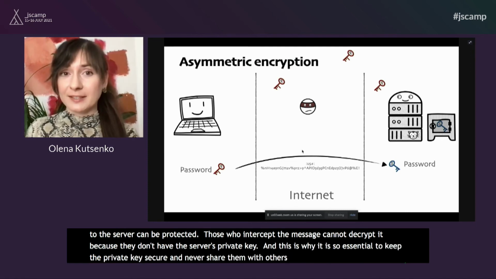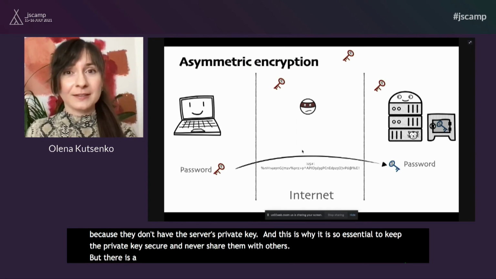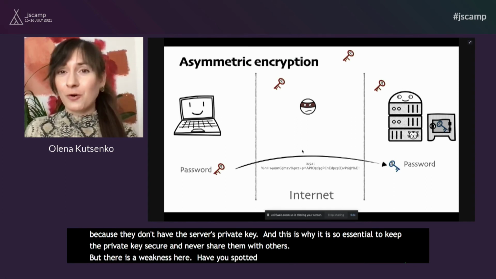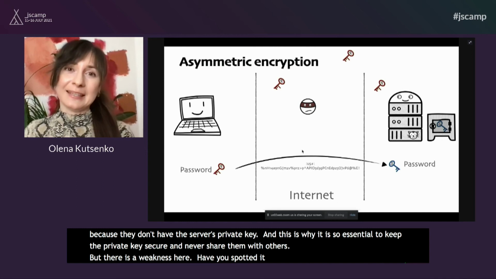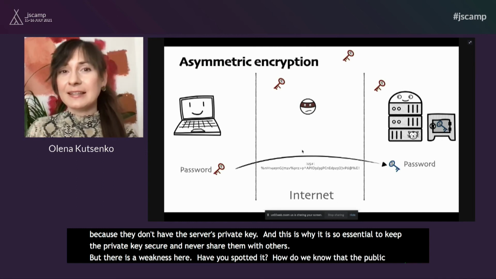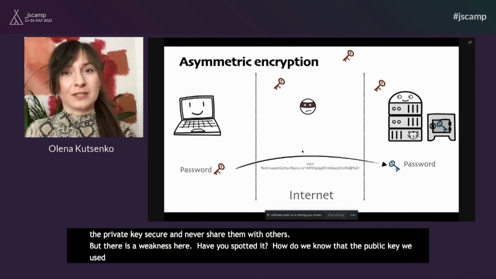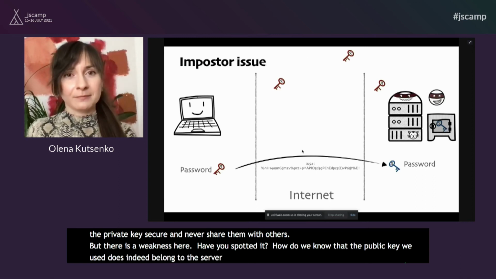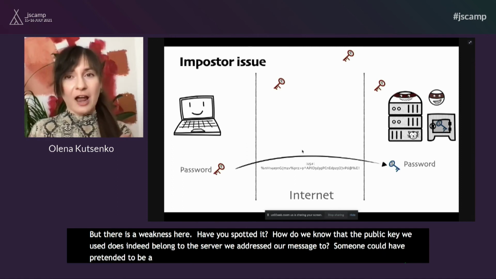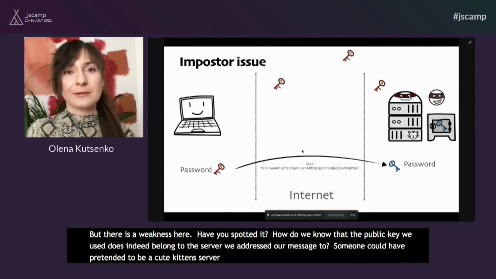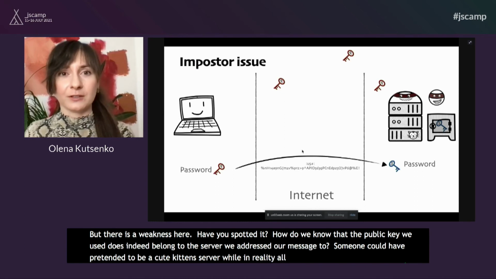But there is a weakness here. Have you spotted it? How do we know that the public key we use does indeed belong to the server we addressed our message to? Someone could have pretended to be the kitten's server, while in reality all they want is to steal the data we send to kittens.